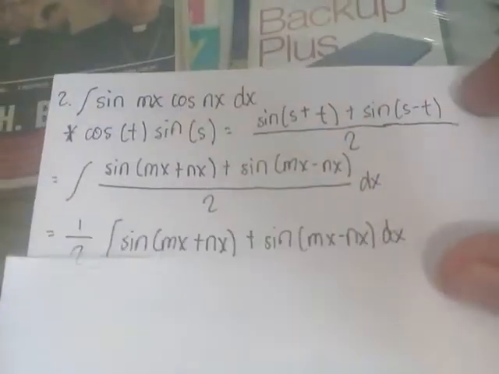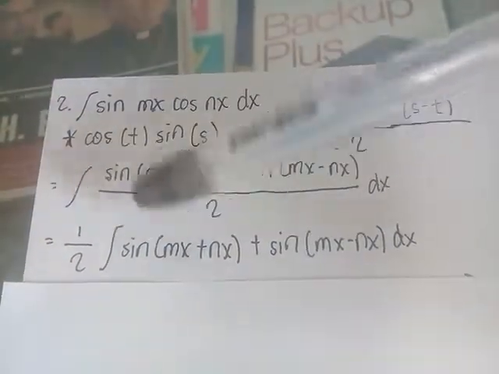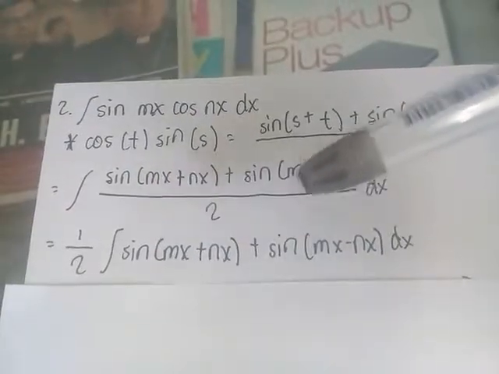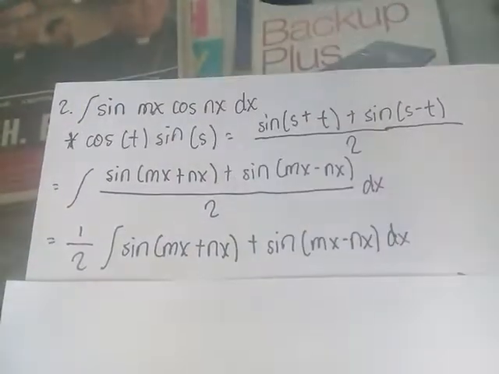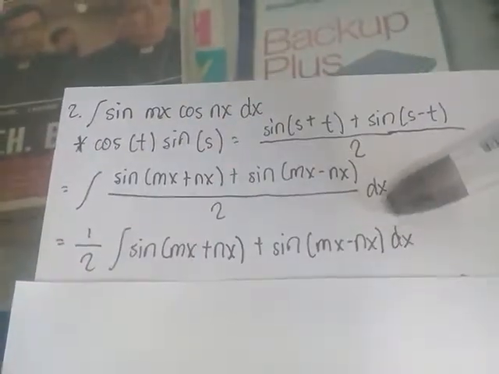So the constant will be 1/2, so that this will remain in our integral. So we will now have 1/2 integral of sine mx plus nx plus sine mx minus nx dx. With this, we will now separate its terms.